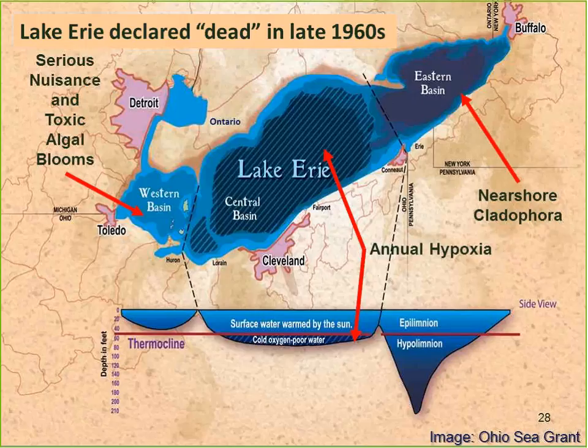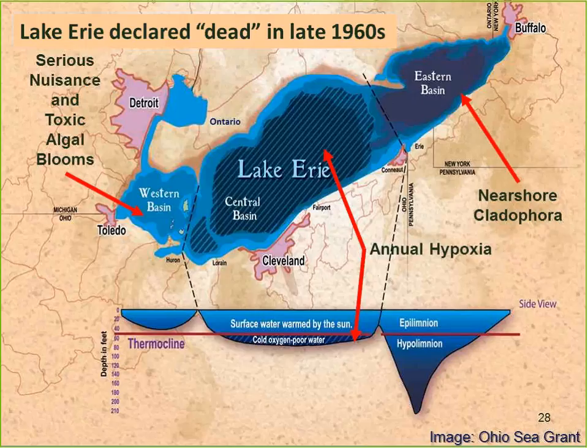The central basin of Lake Erie is where the most serious hypoxia occurs because of its depth. So when the lake stratifies in the late summer, oxygen disappears in the lower lake. And in the eastern basin, where Buffalo is located, nearshore benthic algae form, foul the beaches.